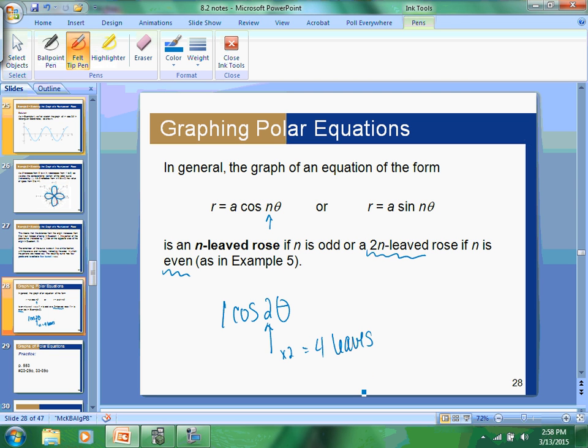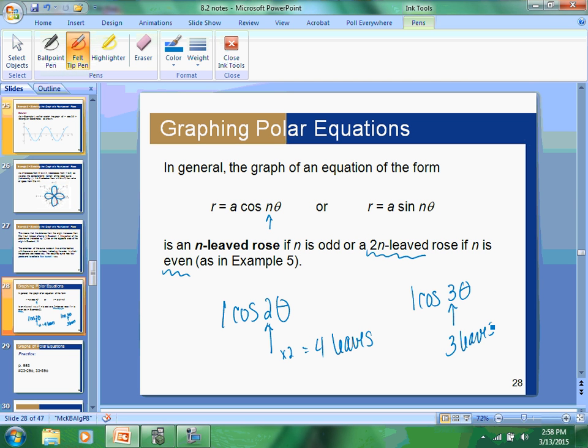If it had been 1 cosine 3 theta, 3 is an odd number, so then that's just the number of leaves that you have. So you don't necessarily have to remember that fact in order to know what type of graph you're going to get.